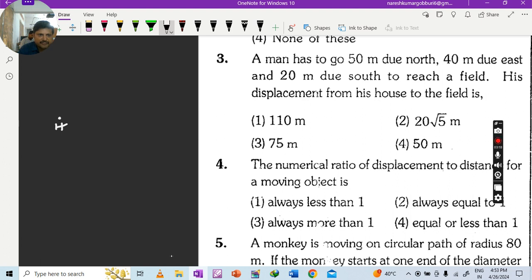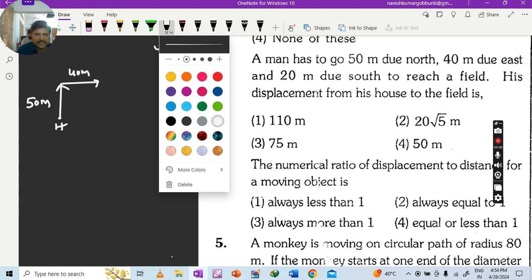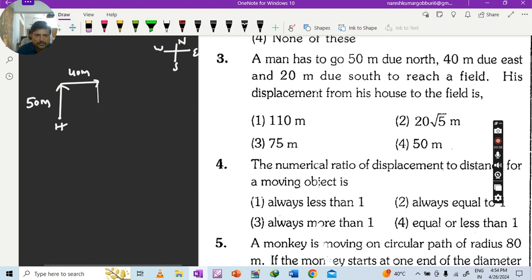From here 50 meter north, so use an arrow because displacement is a vector quantity. First the directions: this is north, south, east, west. From there 40 meter due east, and from there 20 meter due south. See here, this is the field. Displacement means initial position to final position. This is the displacement.